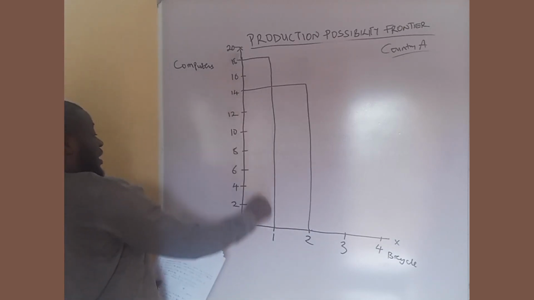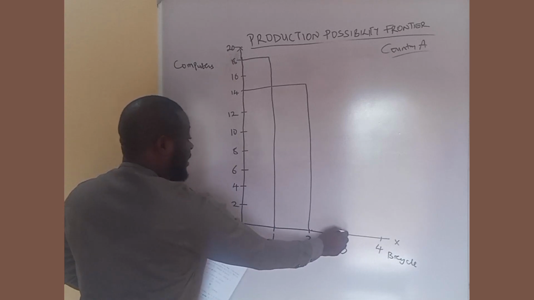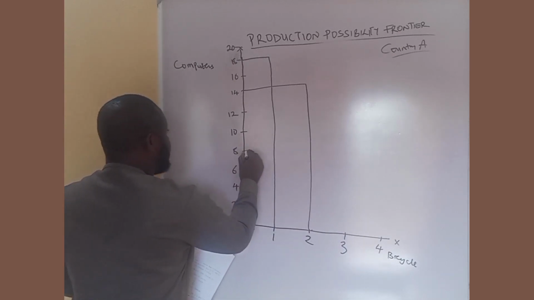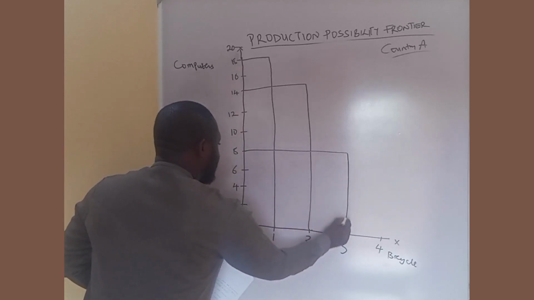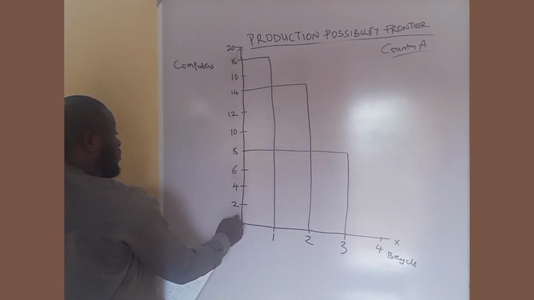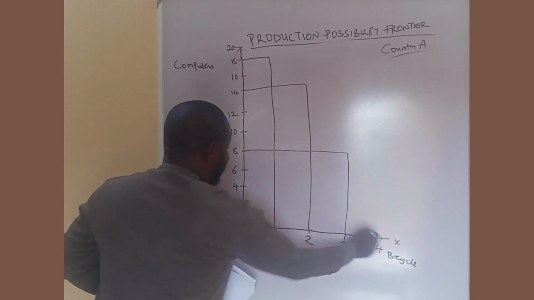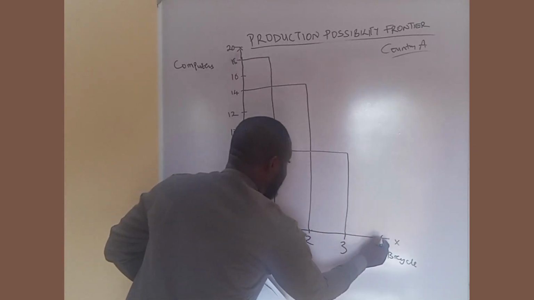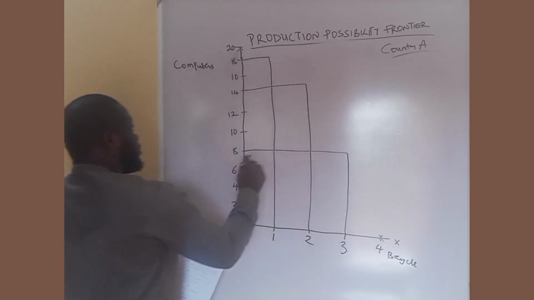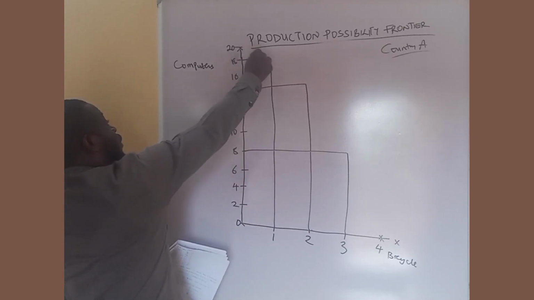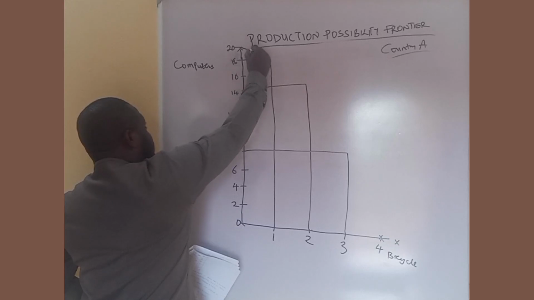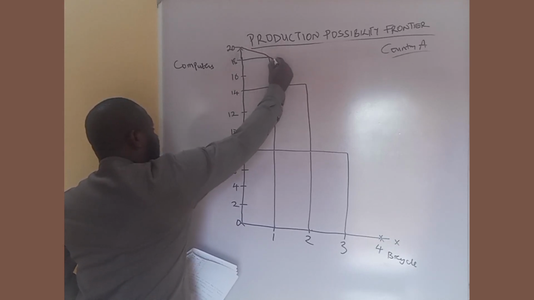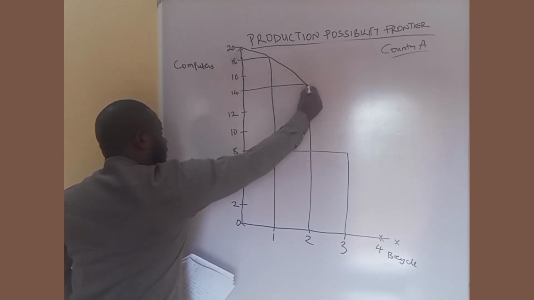When this country wants to produce an extra bicycle, it can only produce 8 computers and then 3 bicycles. But for the country to produce 4 bicycles, it does not produce any computers at all. So we can join all the possible combinations as we have here so that we will obtain a graph.